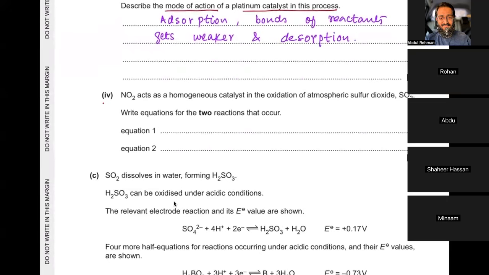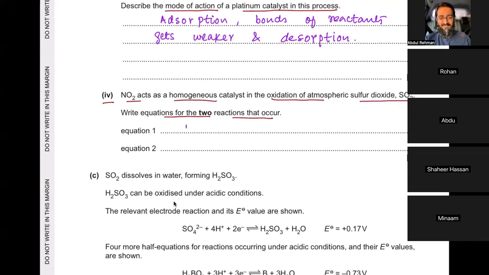Okay. Now part 4. NO2 acts as a homogeneous catalyst in the oxidation of atmospheric sulfur dioxide. Write equations for the two reactions that occur.